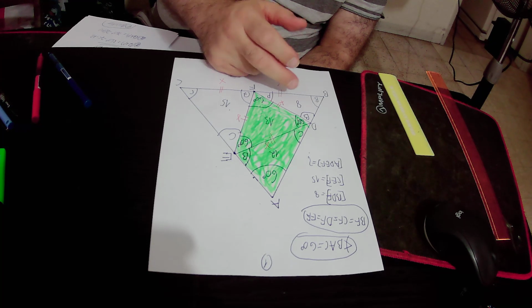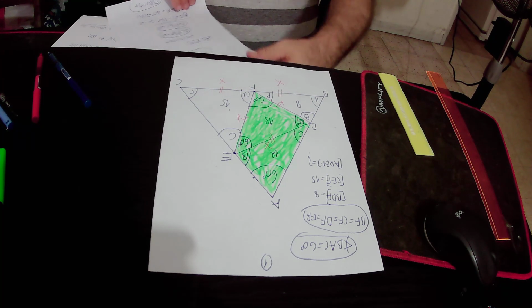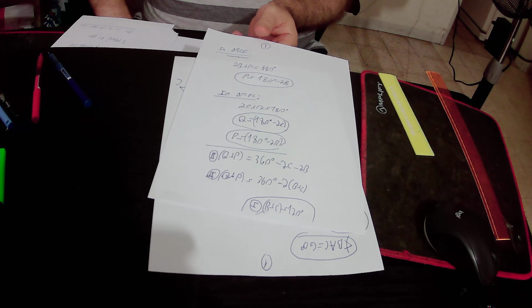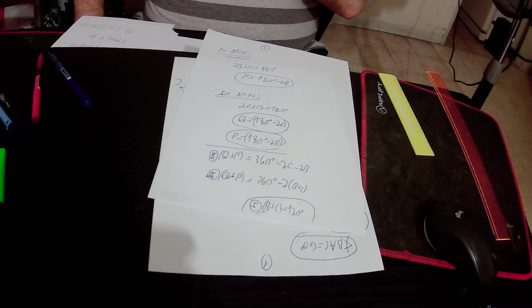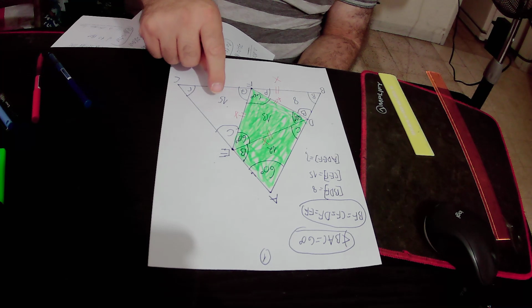Therefore B plus B plus P must be equal to 180 degrees, or 2B plus P equals 180 degrees. And the same thing in triangle EFC, the sum of its angles equals 180 degrees.